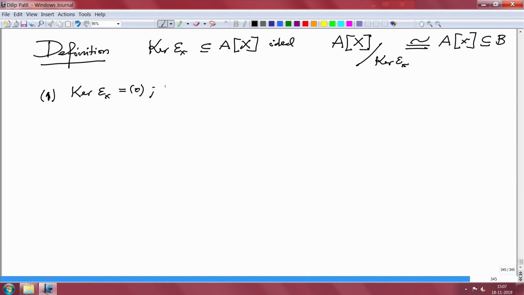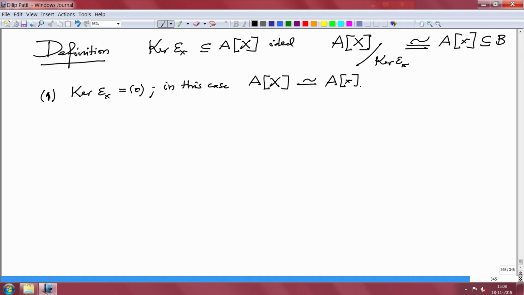In this case, the polynomial algebra A[x] is isomorphic to the A subalgebra of B generated by that small x.